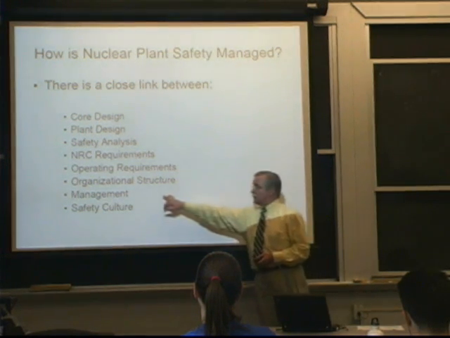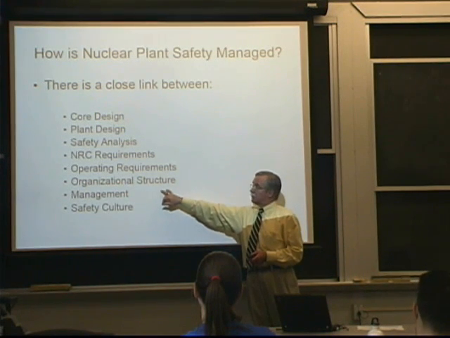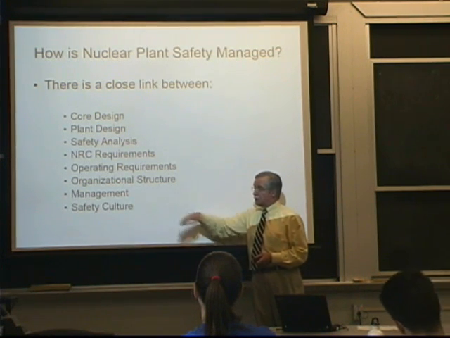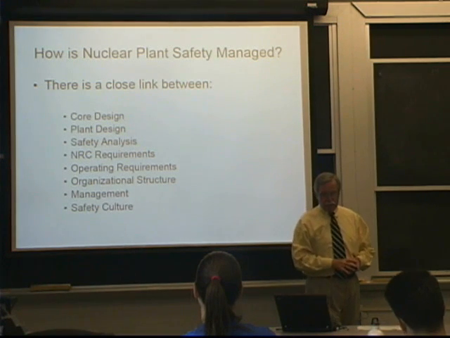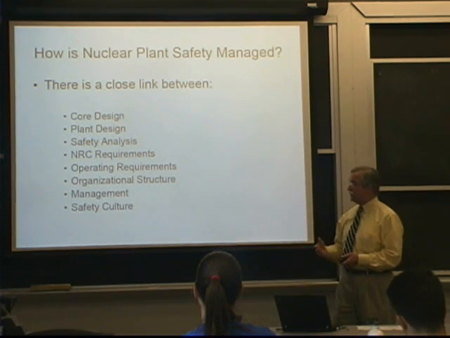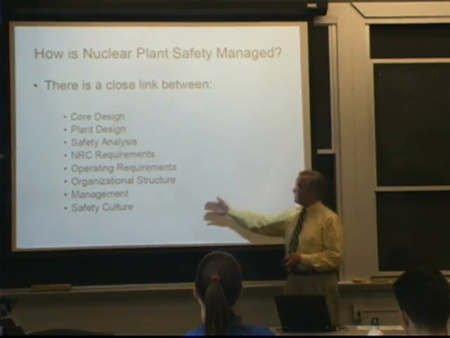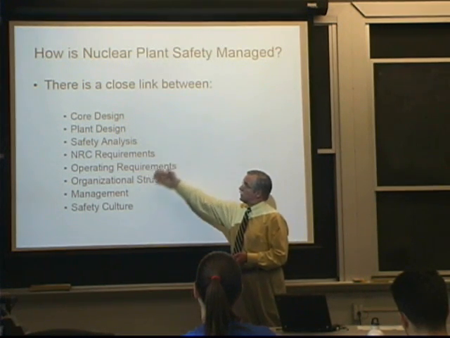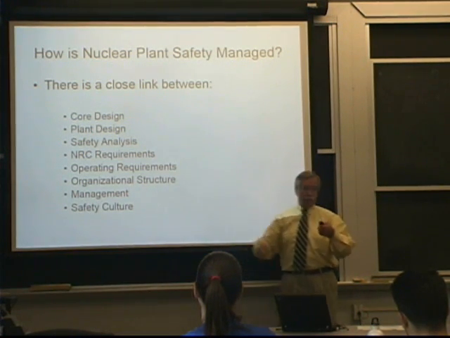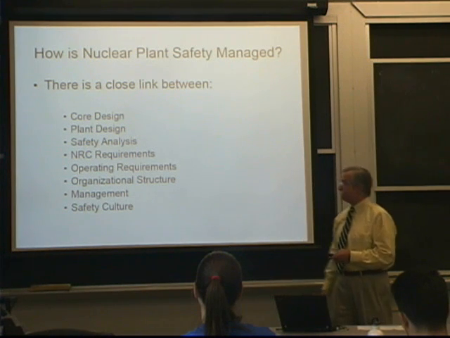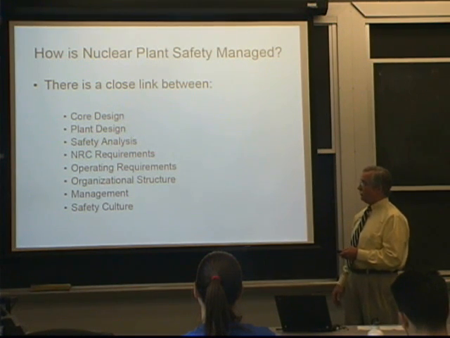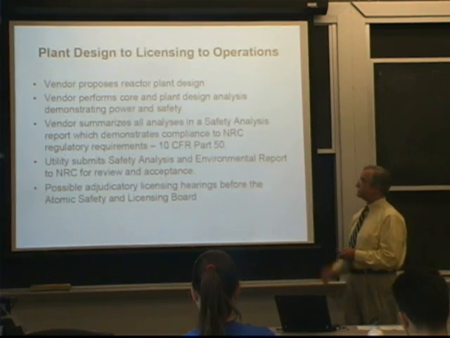There's a certain management team that is needed to make sure that the organization functions. And I'm not going to address it in this lecture, but there's a safety culture that is very important in terms of being able to assure that you can operate within a safety envelope. And this has become a very important issue today.